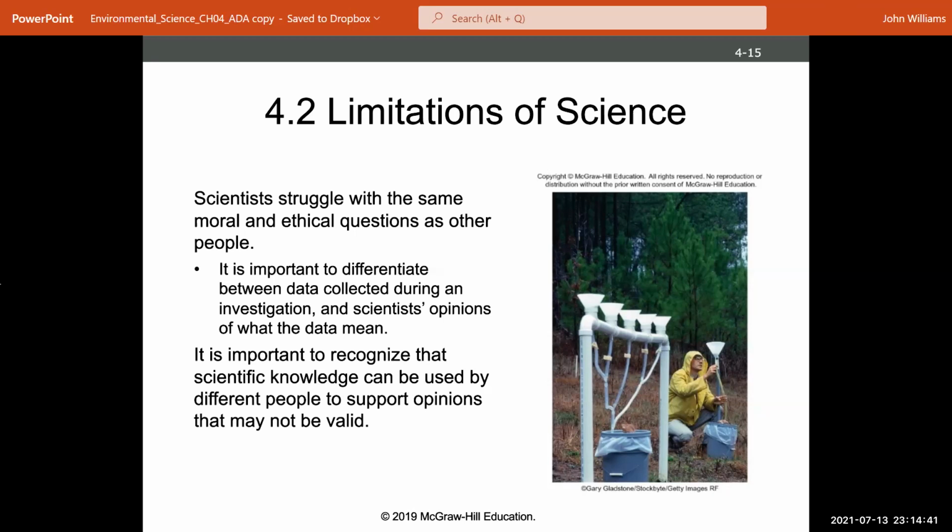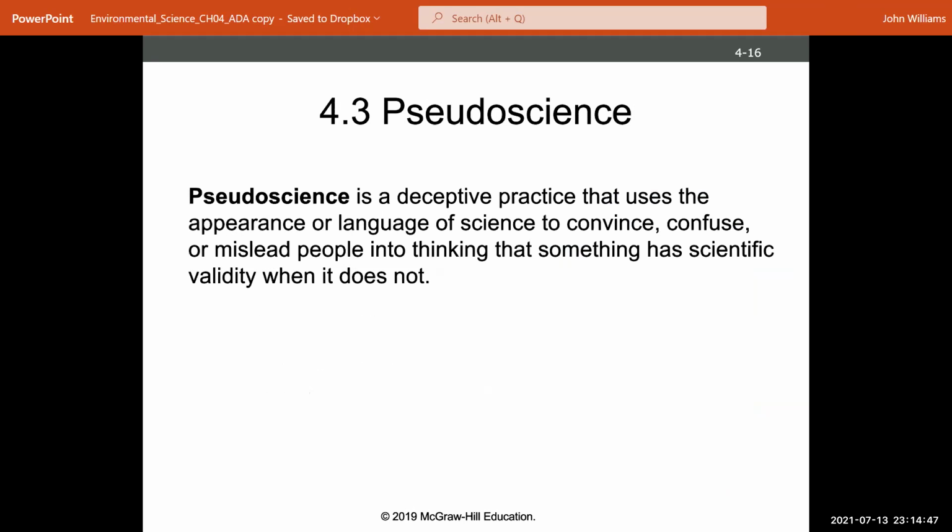So again, they can contort what that data is actually saying to support their opinions in an incorrect way. And this falls under the idea of pseudoscience, which is basically a deceptive practice that uses the appearance or language of science to convince, confuse, or mislead people into thinking that something has scientific validity when it doesn't.